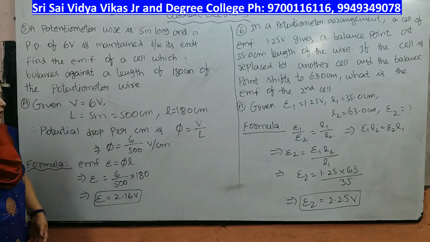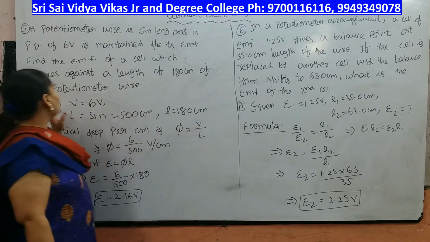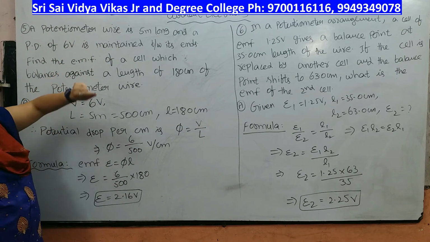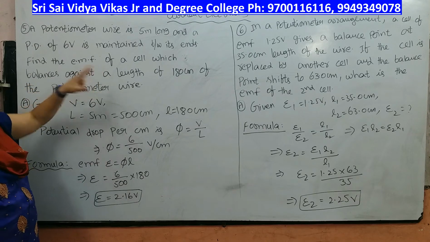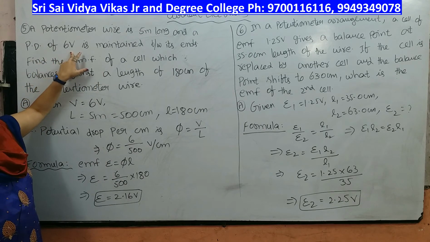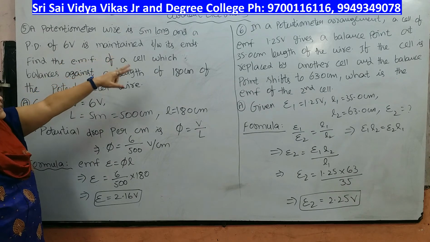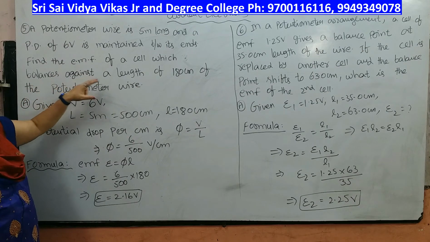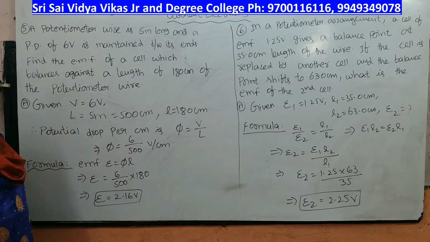We have the formula, phi equal to... A potentiometer wire is 5 meters long, which means the total wire length is 5 meters, and a potential difference of 6 volts, that means voltage V equal to 6 volts is maintained between its ends. Find the EMF of a cell which balances against a length of 180 centimeters, that means small l is 180 centimeters of the potentiometer wire.